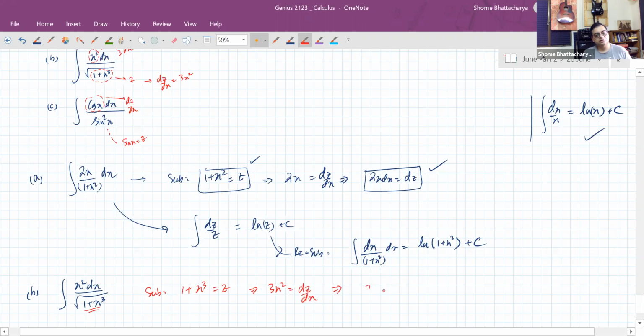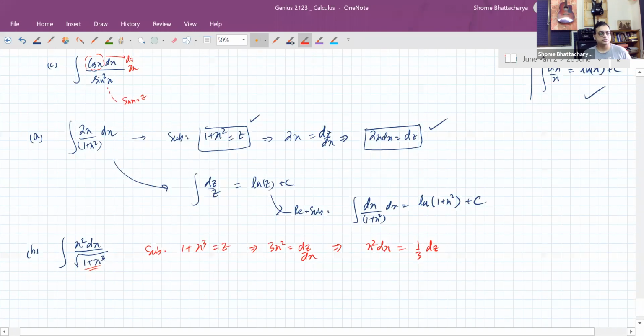So x square into dx can be substituted as 1 by 3 dz. So the integration, then numerator becomes 1 by 3 dz, and the denominator becomes square root of z.